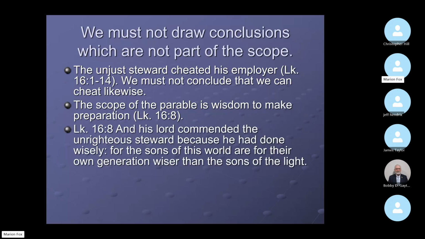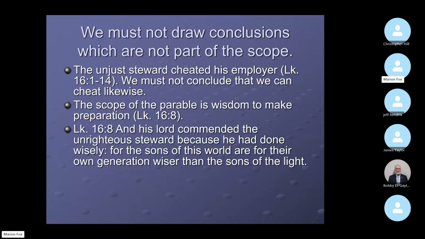And his Lord commended the unrighteous steward because he had done wisely, for the sons of this world are, in their own generation, wiser than the sons of the light. So what's it about? It's talking about making preparation, and preparation for something that's important, not just preparation to get your food and so forth.